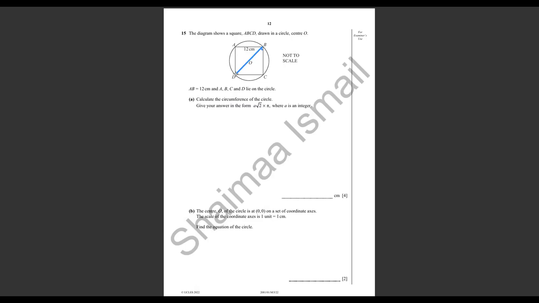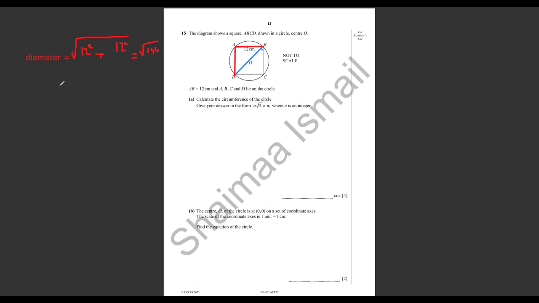So we're going to say here, the diameter D of the circle equals the square root of 12 squared plus 12 squared.